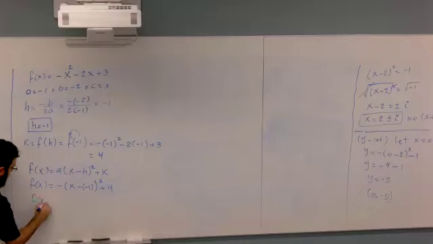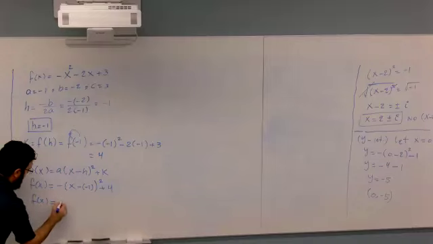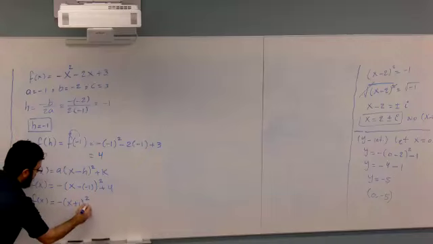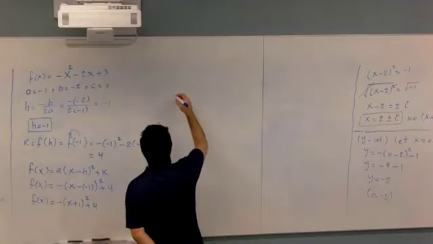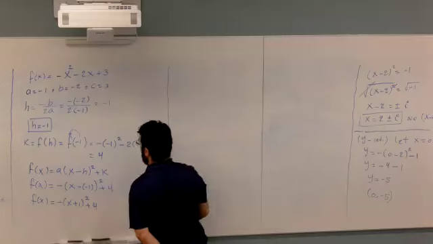It means f of x equals negative (x plus 1) squared plus 4. Okay, so far? Yes or no?